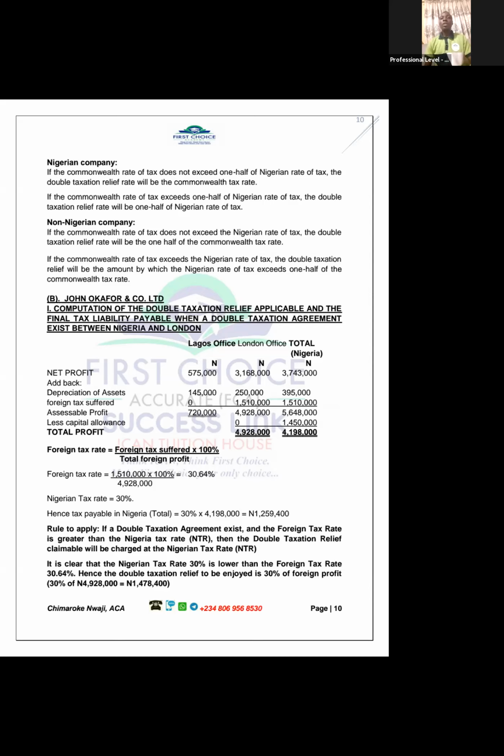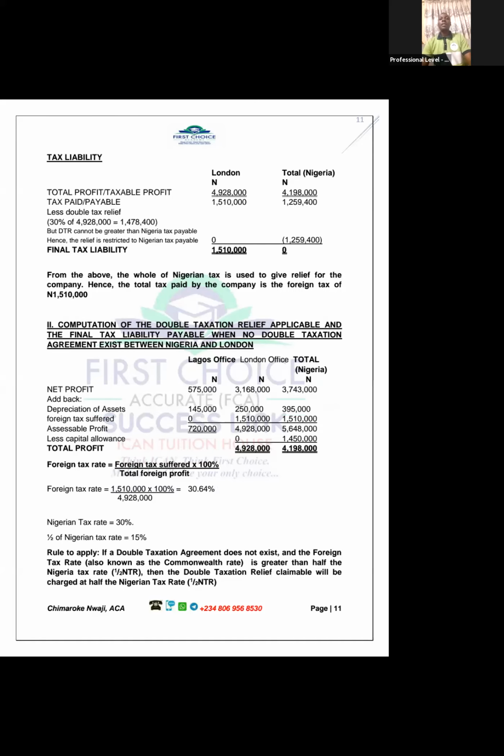Now we're going to use 30% of the foreign, which is 1,259,400. So if you look at the tax liability, for tax liability, we'll bring our profits, our total profit from the previous page.